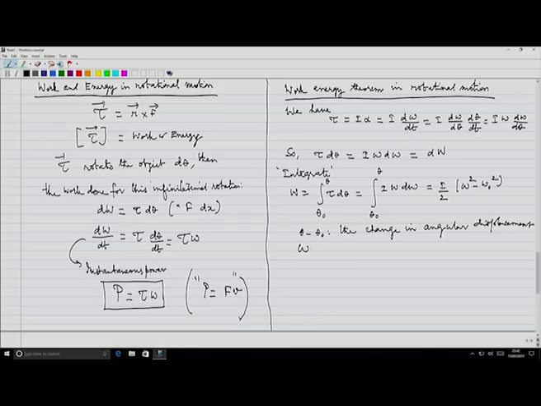Therefore, the corresponding change in angular speed is given by omega minus omega naught.